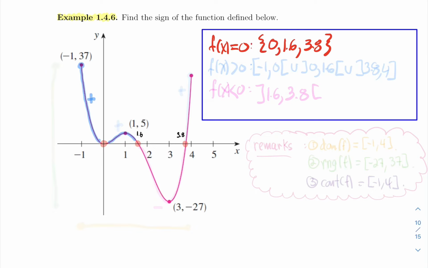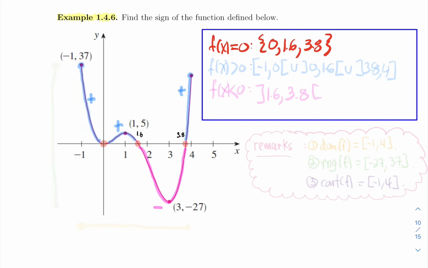But then between 1.6 and 3.8, the function is below the x-axis, so it's going to be strictly negative.